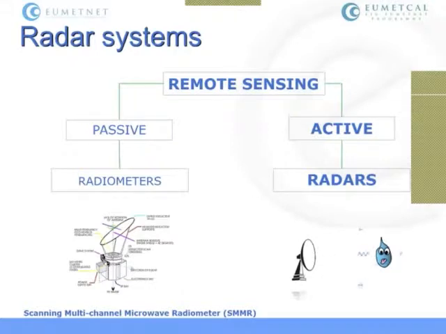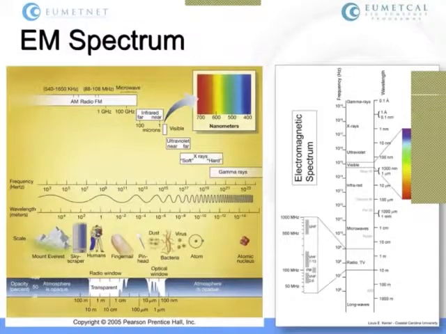So that's why they are called active remote sensing. Not like the satellites, which are just, for example, receiving the radiation from the clouds. They do not have an emitter. They cannot generate electromagnetic radiation and emit it to the atmosphere.